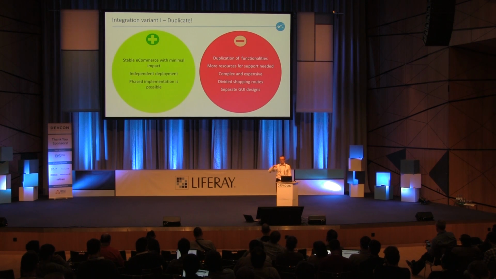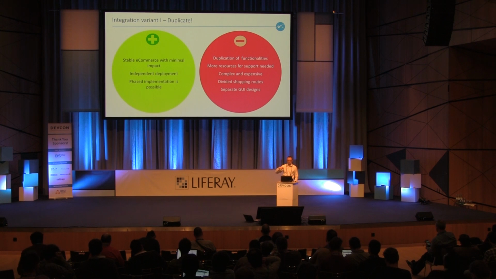You've got divided shopping routes. Many of your shopping routes can start in a portal, but they are finished in an e-commerce. Fulfillment, order listing, and online tracking are primarily in the e-commerce, not in the portal. Otherwise, you can implement it, but it's a little bit expensive.